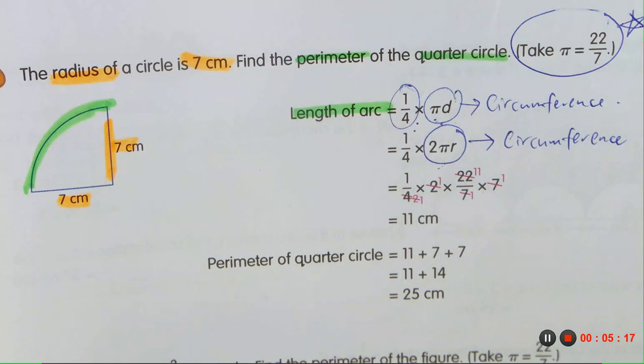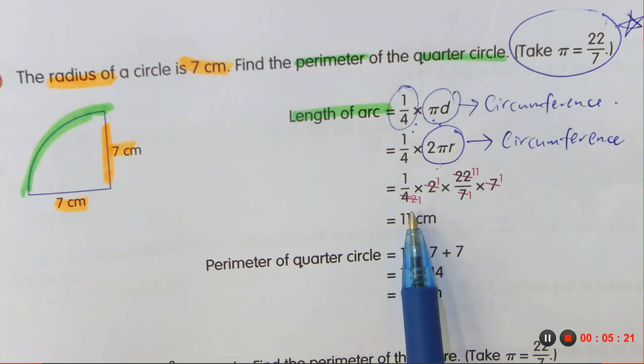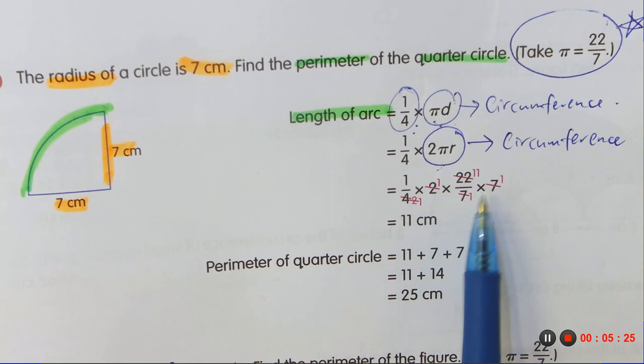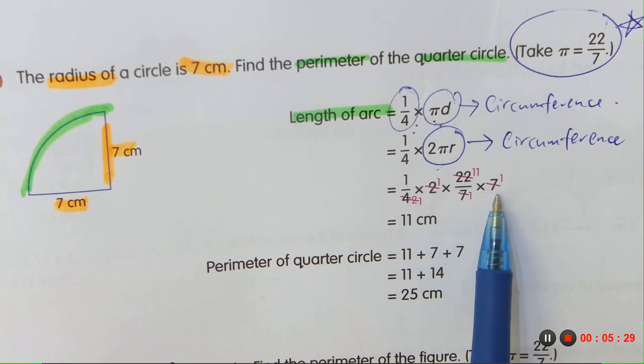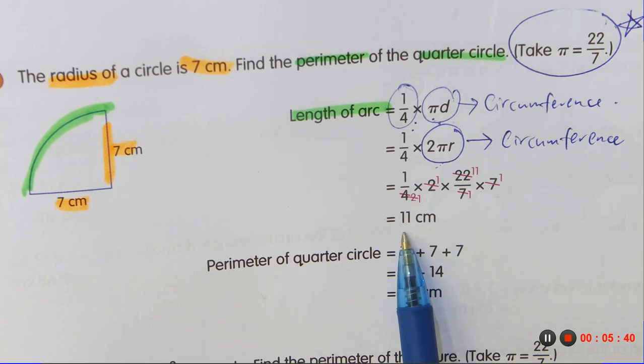That's why you notice that the question continues with 1/4 times 2 times 22/7, which is pi, times the radius 7. The red markings here show how the simplifying is done. Because of the simplifying, it is quick to get 11 centimeters.